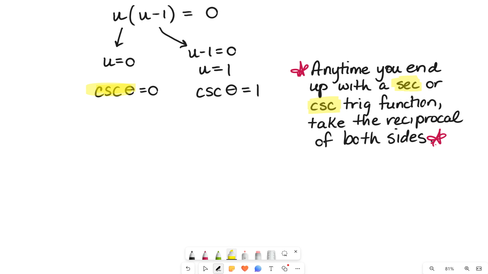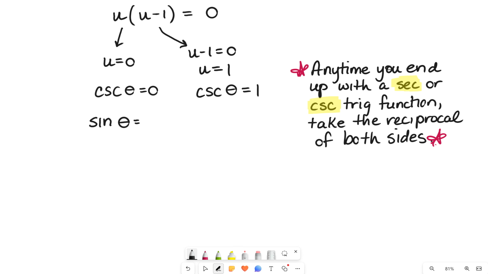Notice I ended up with a cosecant in my u substitution, right? And following into finalizing my equation, I want you to take the reciprocal of both sides. Well, what is the reciprocal of cosecant? You guys know this. We've had our formula charts for forever. The reciprocal of cosecant is sine. So instead of cosecant, I'm going to change it to sine theta.